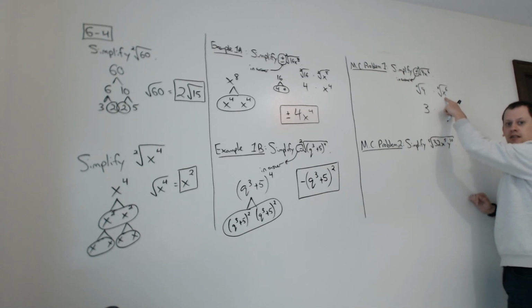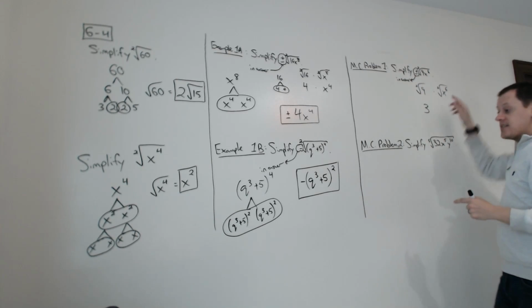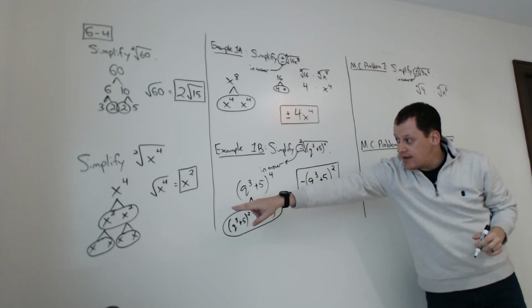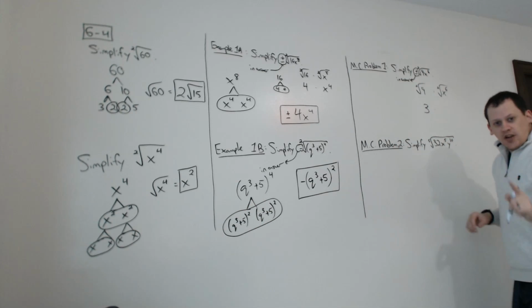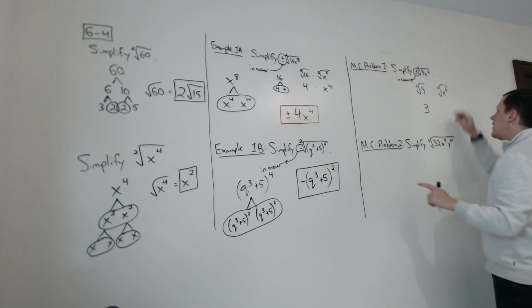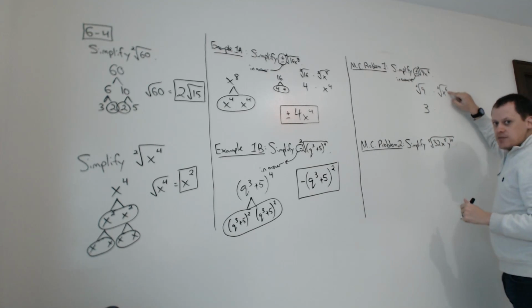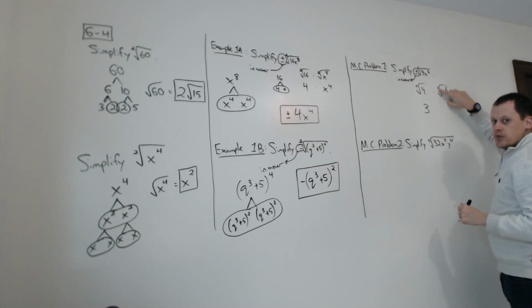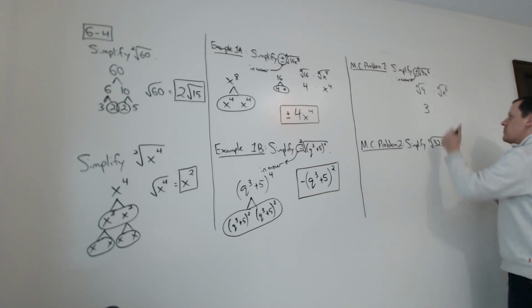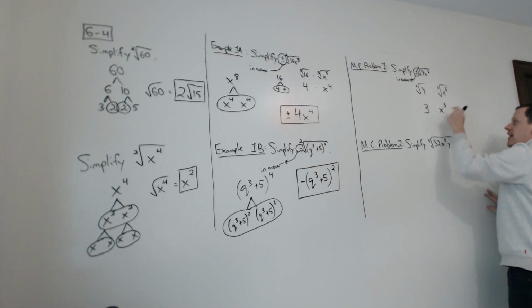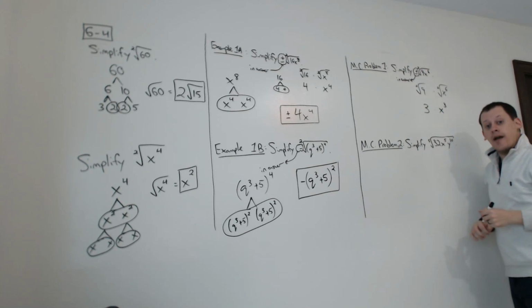And here, you could break down x to the 6th if you wanted to, like we've broken down, say, x to the 4th over there. But what was our trick that we just learned? We can take this exponent and divide it by the root. 6 divided by 2 is 3. That tells us that's going to be x to the 3rd power.